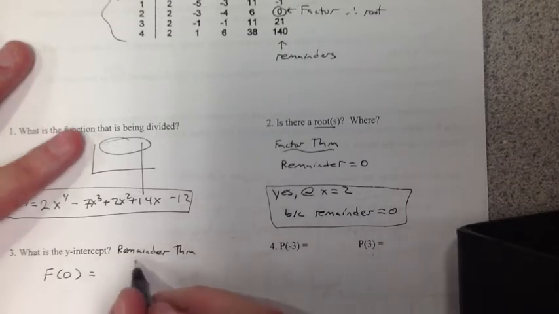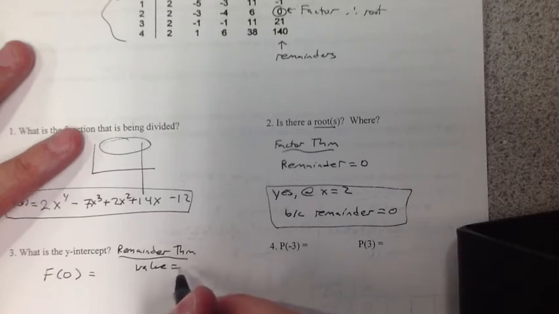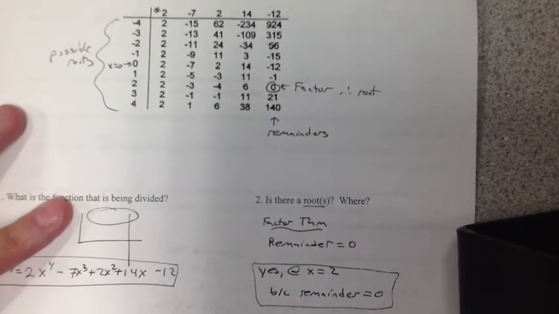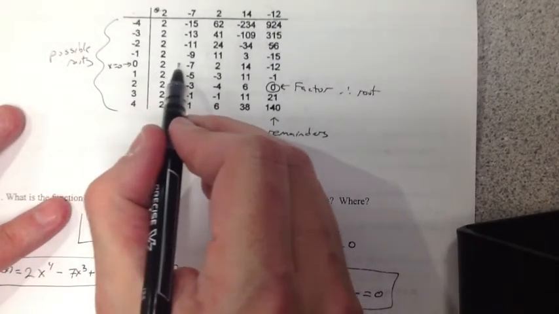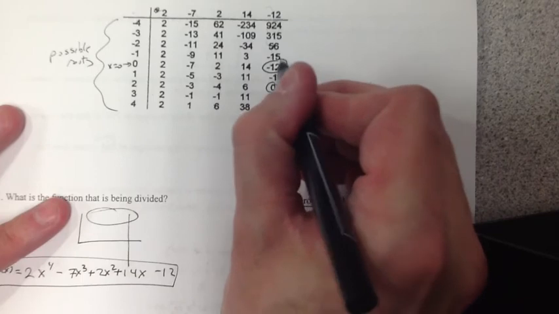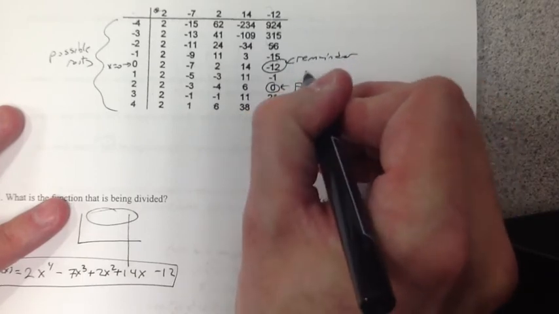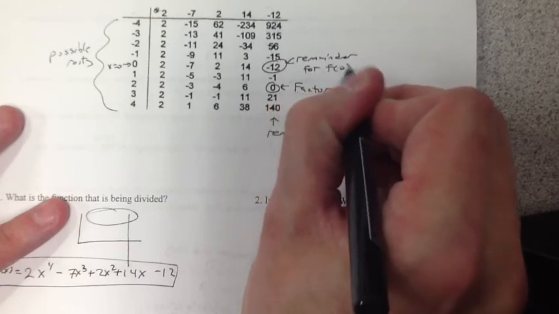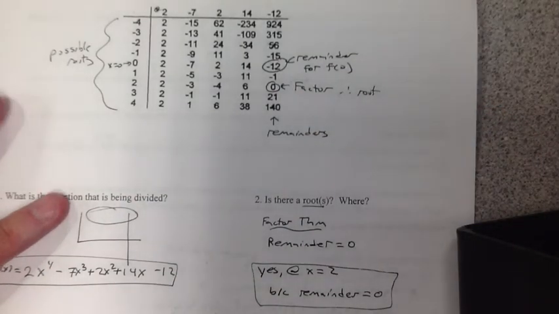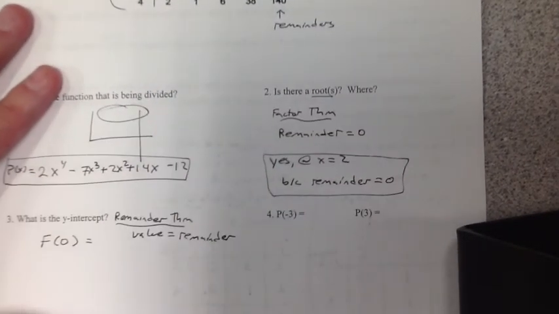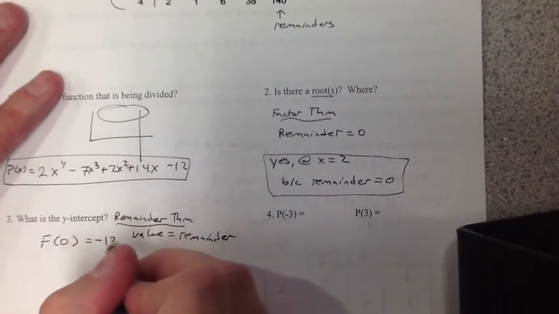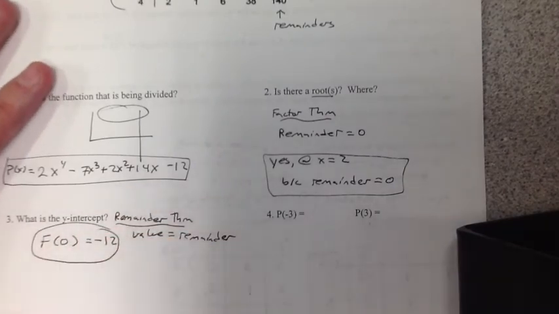Recall that the remainder theorem says that the value of a function is the remainder. So if I want to find f of 0, I go all the way over here. There's our remainder for f of 0. So f of 0 is negative 12. There's our y-intercept.